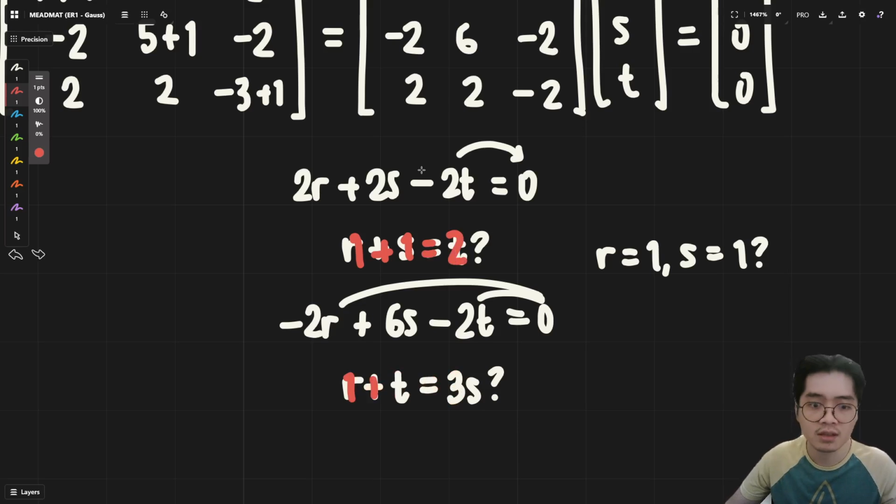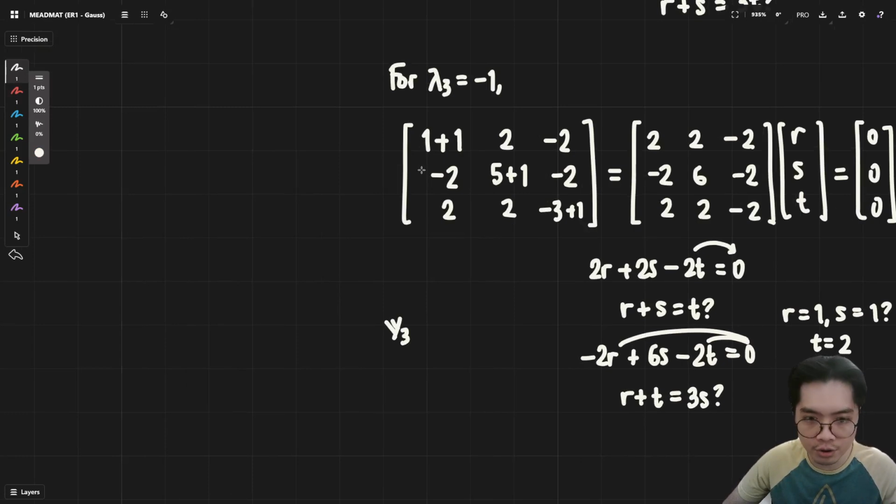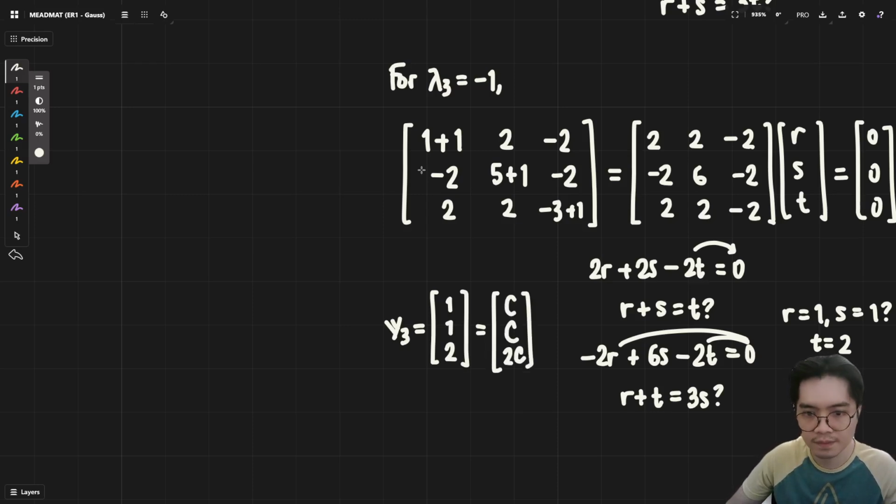Which makes sense. That means that T in this case is now going to be 2. And finally, our third eigenvector is going to be equal to 1, 1, 2, or basically C, C, 2C.